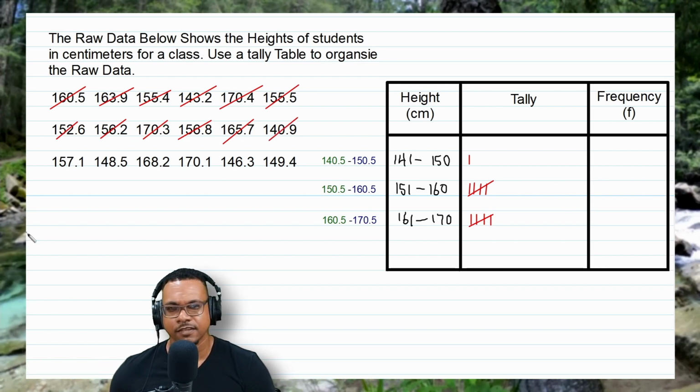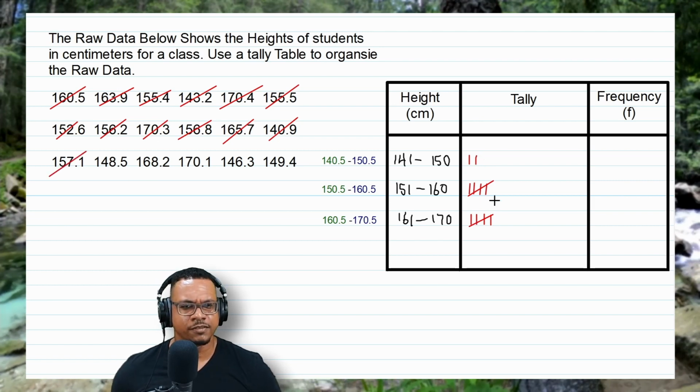140.9. So again, we're looking at this class interval. This starts at 141, but look at the boundary. 140.5. So 140.9 would fall within this class interval because the lower class boundary is 140.5. So I'll put a stroke here. Then we come to 157.1. So that's here. 148.5.